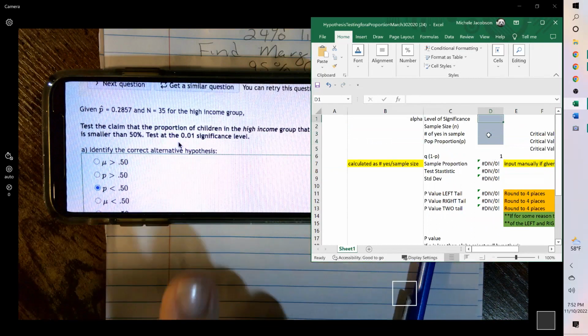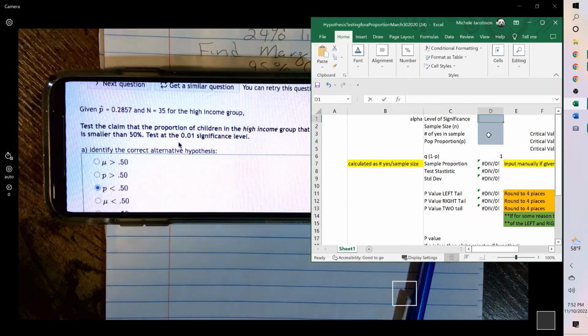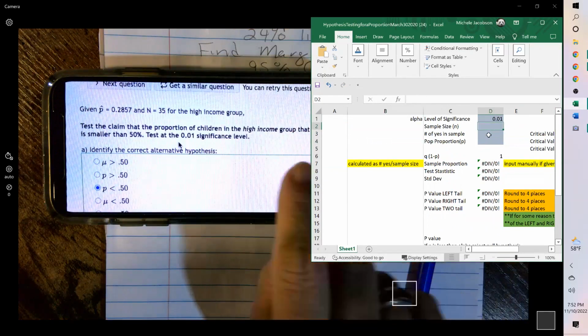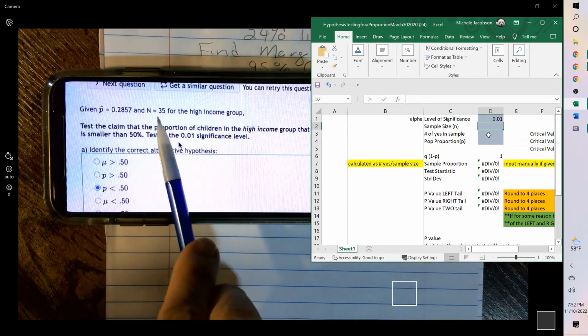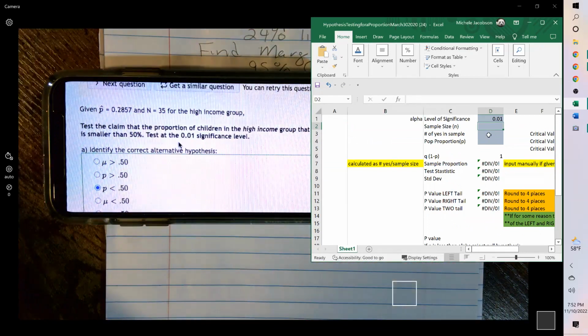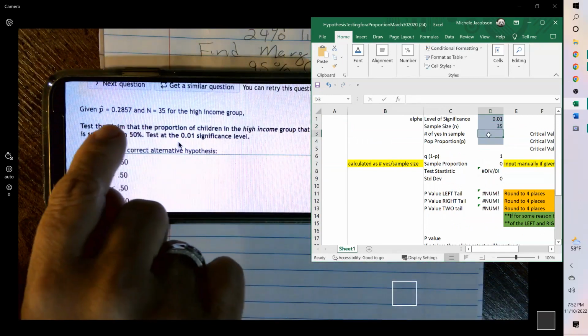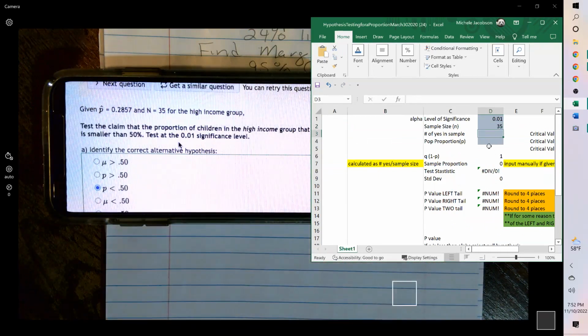Our significance level was 0.01. Sample size was 35 right here. They didn't give us the number of yeses. They gave us the sample proportion, so that will go here.